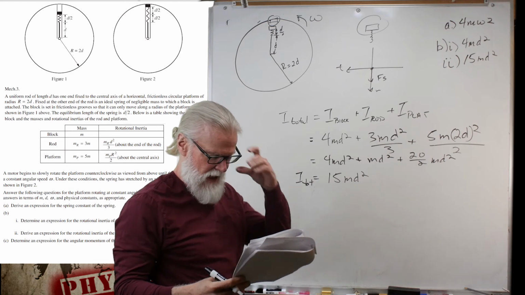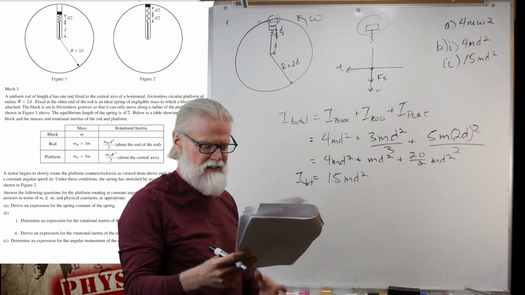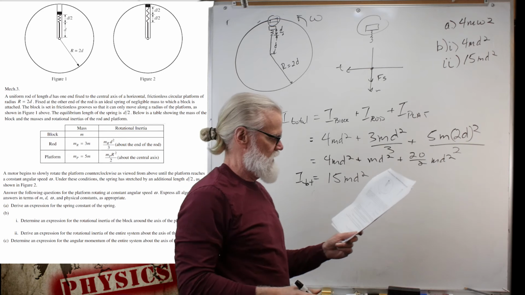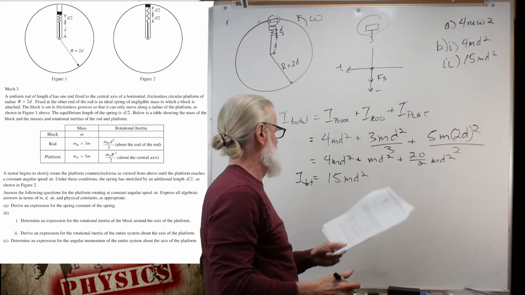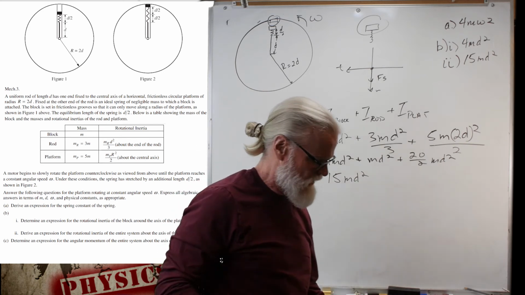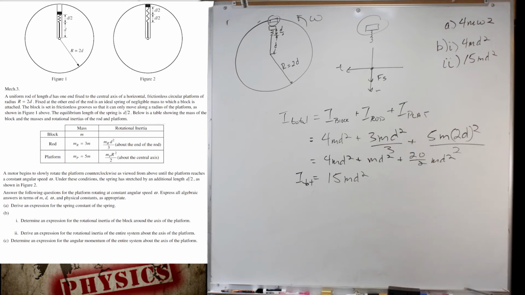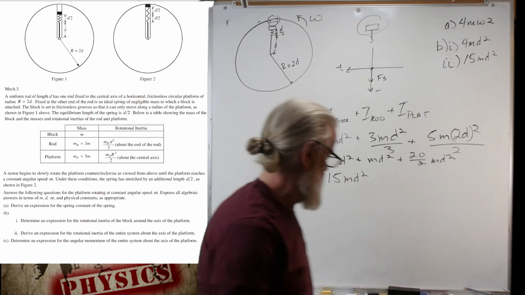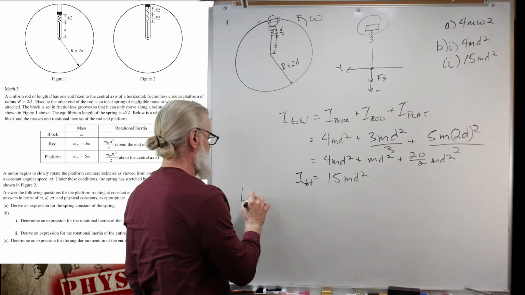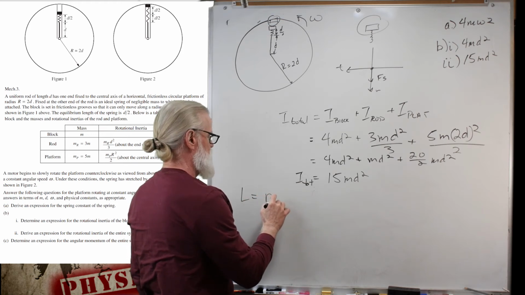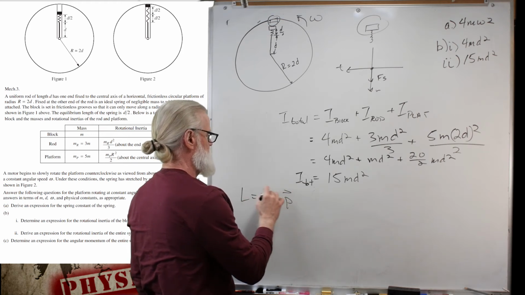Determine the expression for the angular momentum of the entire system about the axis of the platform. All right, so we got something spinning. Anytime we got something spinning, angular momentum in general is r cross p, right?